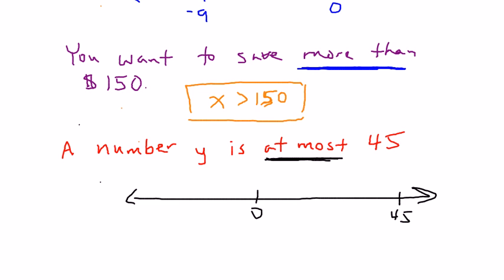That means it can be 45 or less, right? It can't be more than 45 because it says 45 is the most it can be. So our inequality would be y is less than or equal to 45, right? y can be 45 or smaller than 45. So any number 45 or smaller would satisfy this inequality.